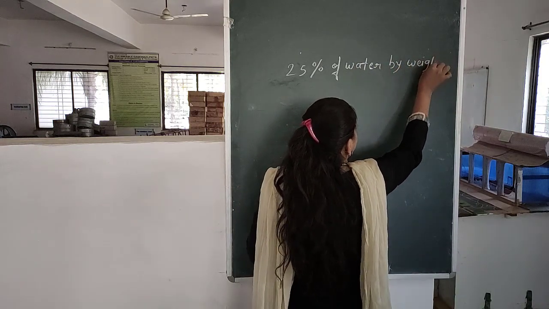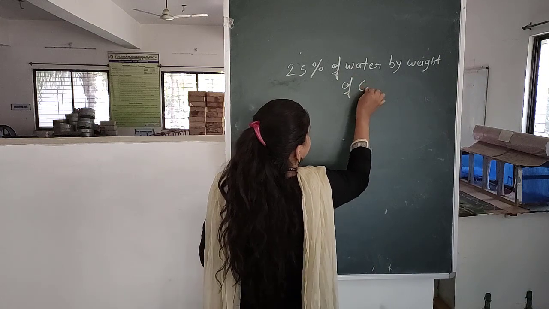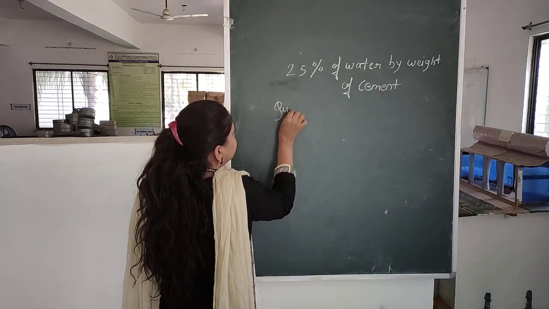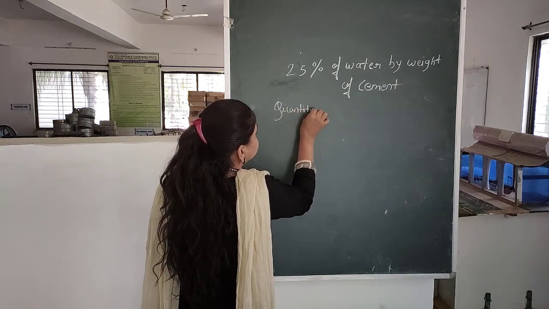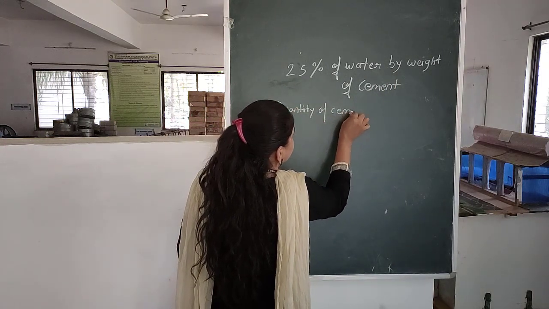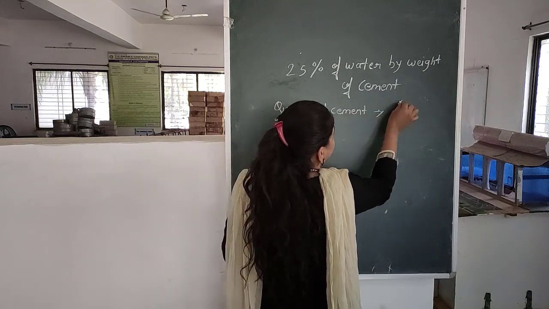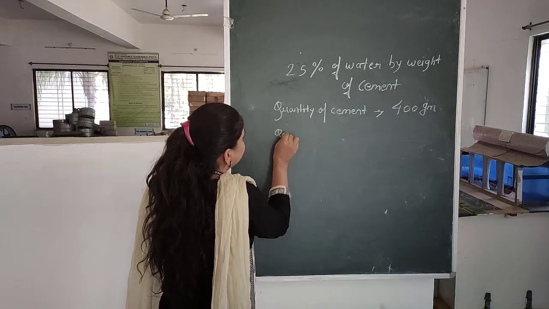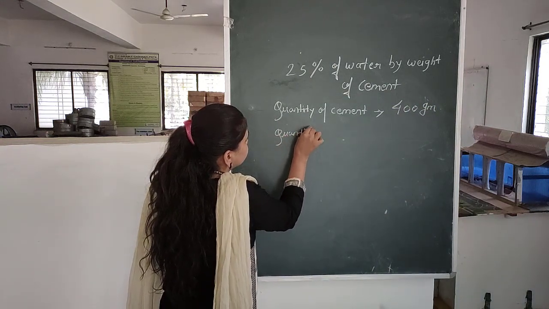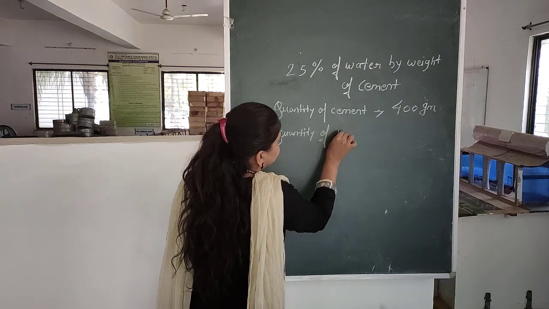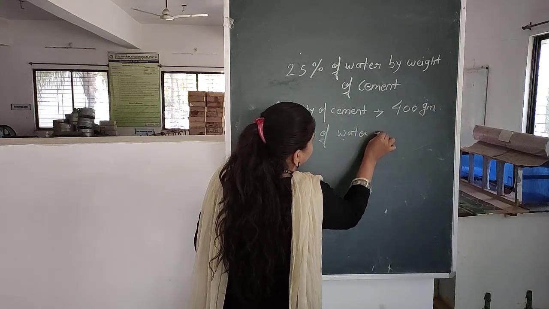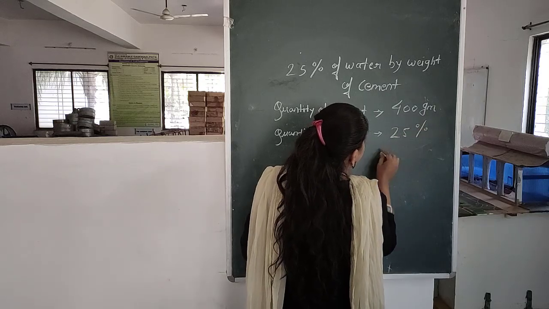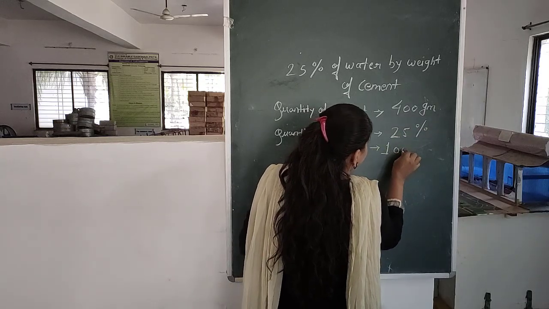The quantity of cement is 400 grams, and the quantity of water (25%) is 100 ml.